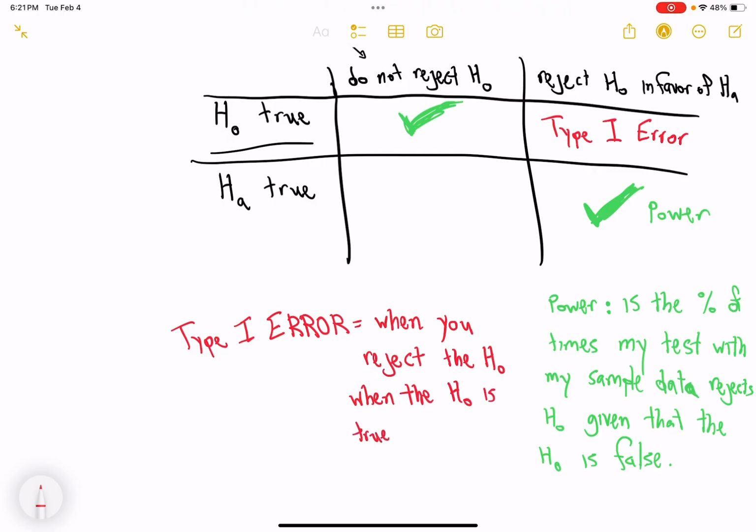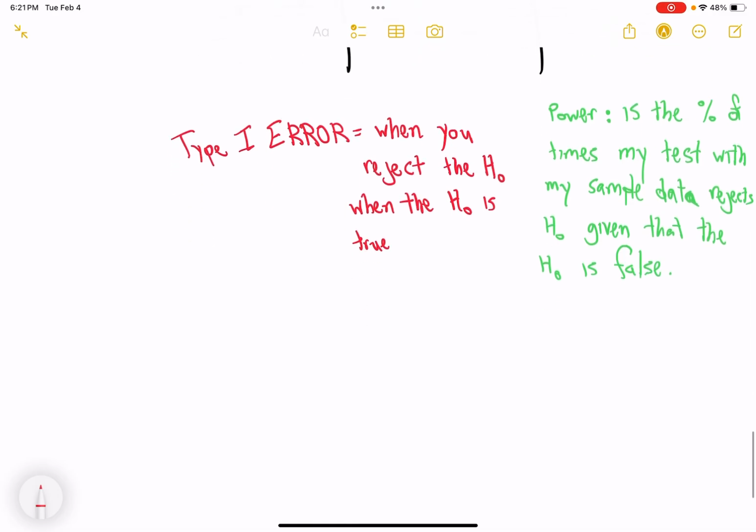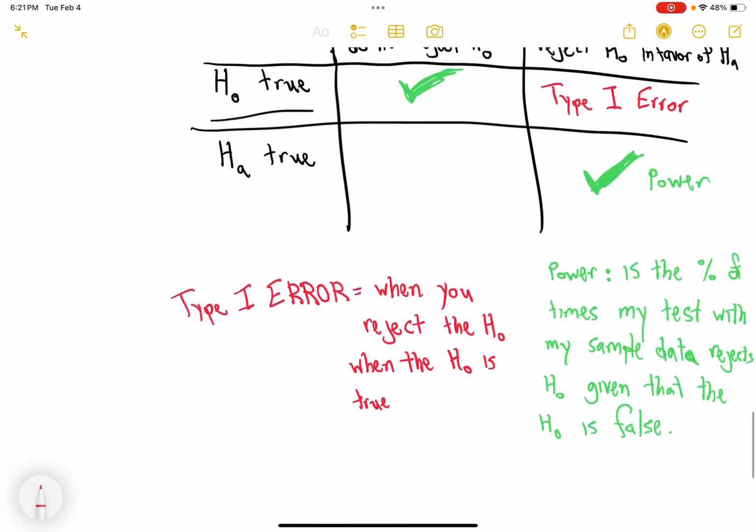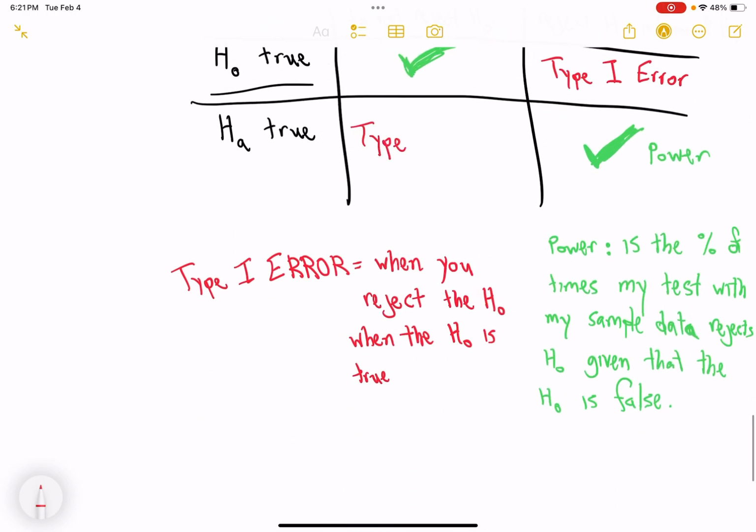So type 1 error is when you reject the null when you shouldn't, right? On the other end, what about the opposite? Well, that would be a type 2 error.